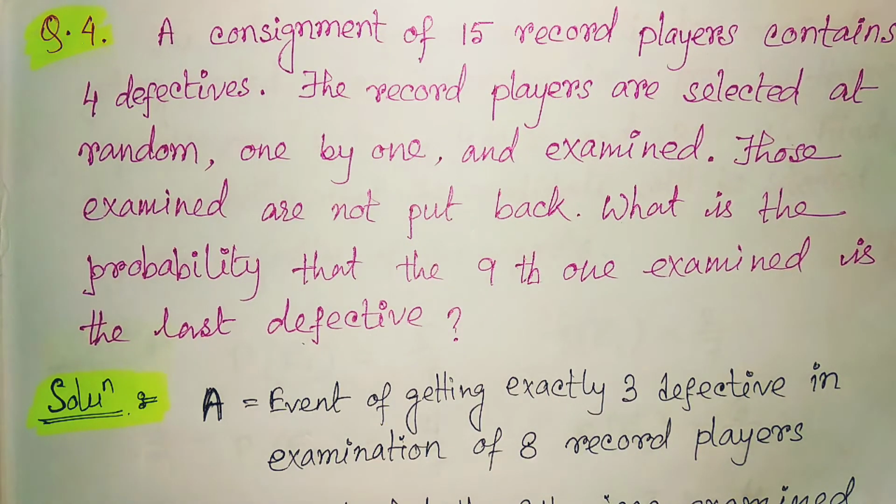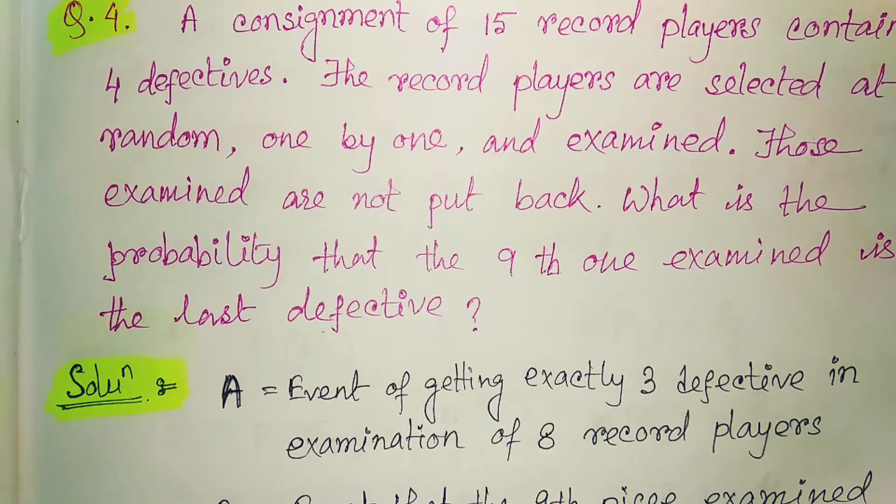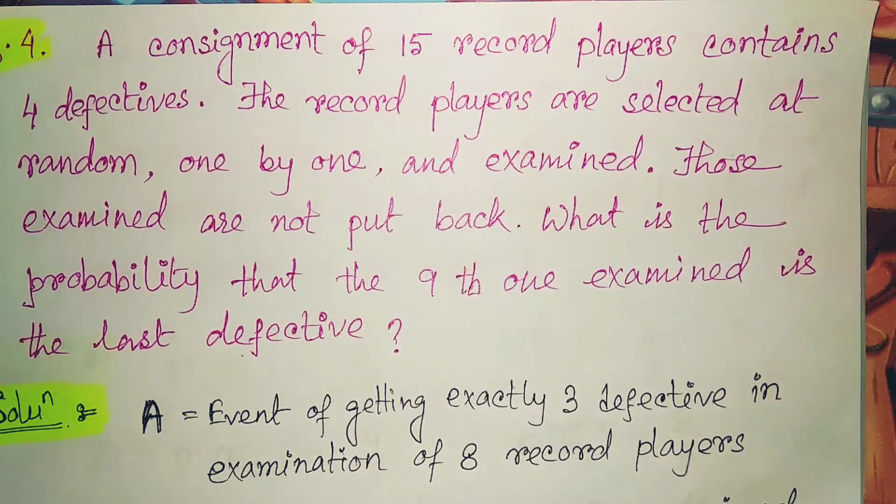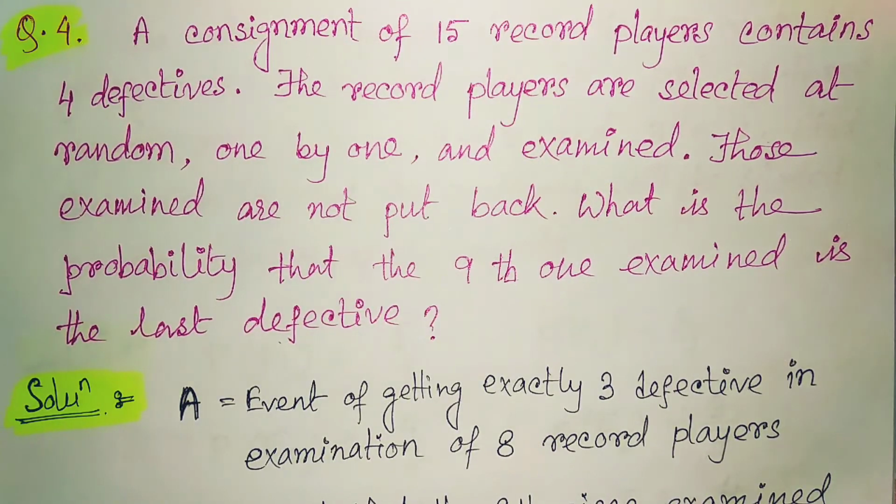Among them 4 are defective. The record players are selected one by one and examined, and once one is examined, it is not put back. So what is the chance that when the 9th record player is examined, it is the last defective?